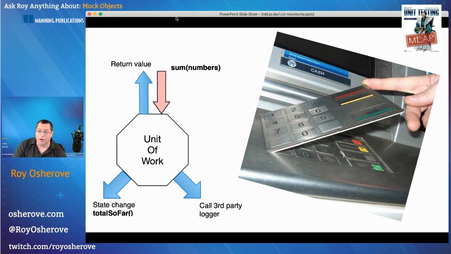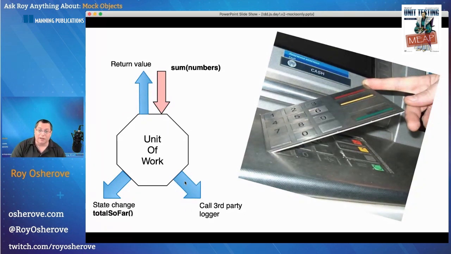Oh, great question. So if a function, let's say, does 3 things. It returns a value, and it also changes the state, and it also calls a third party. Each one of them is a separate test that invokes the same function, but has a different assert, because each one of them is a different requirement from the same unit of work.